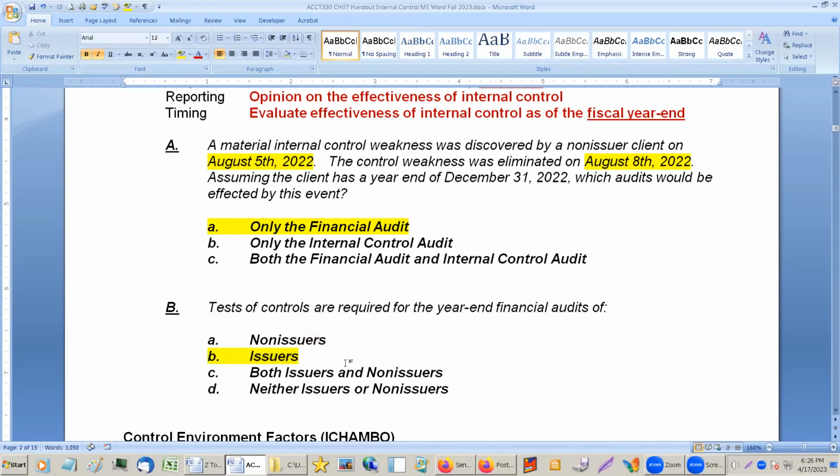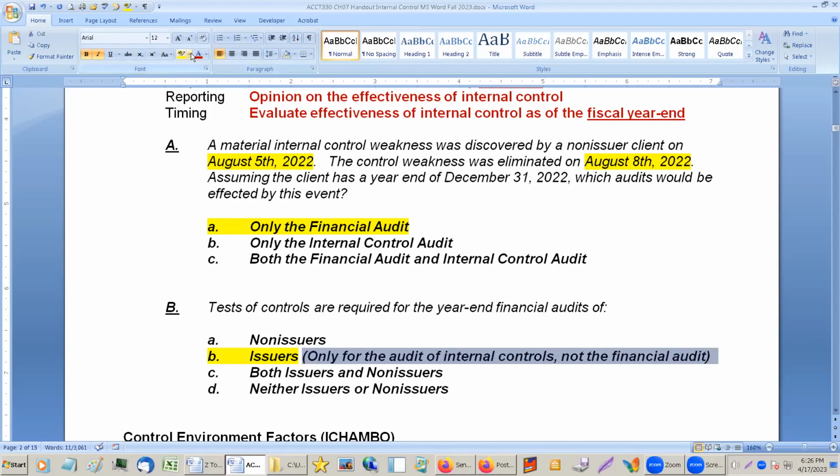And this is only for the audit of internal controls, not for the financial audit.